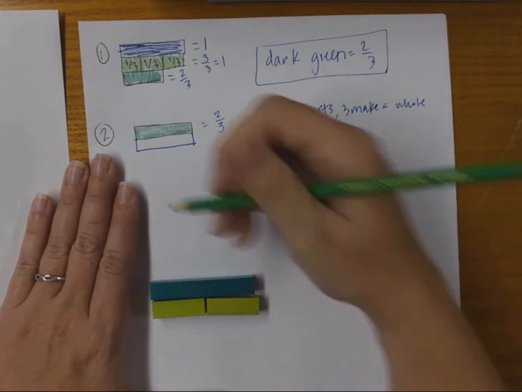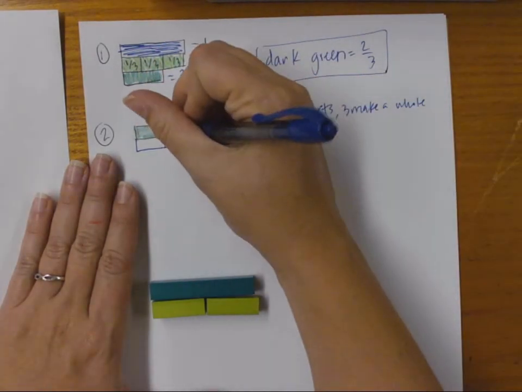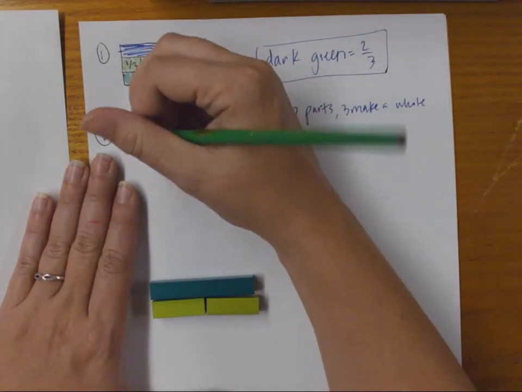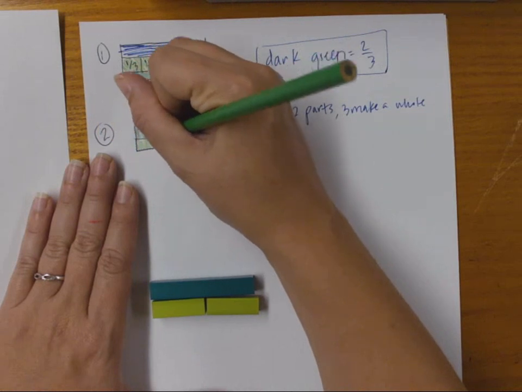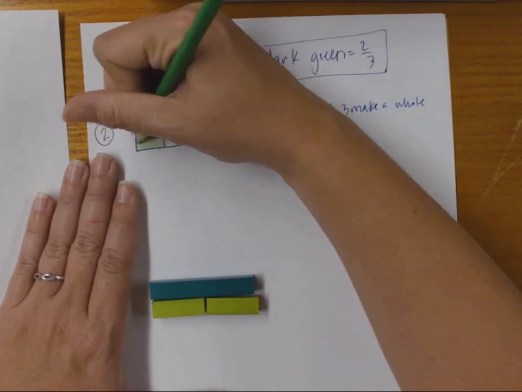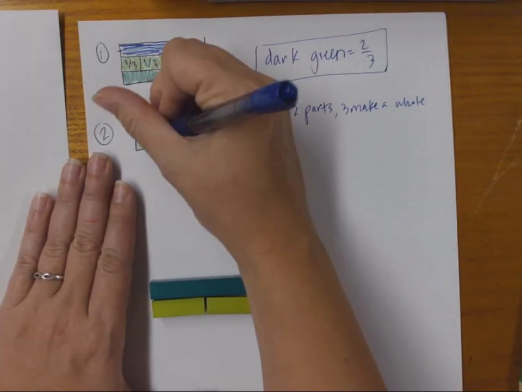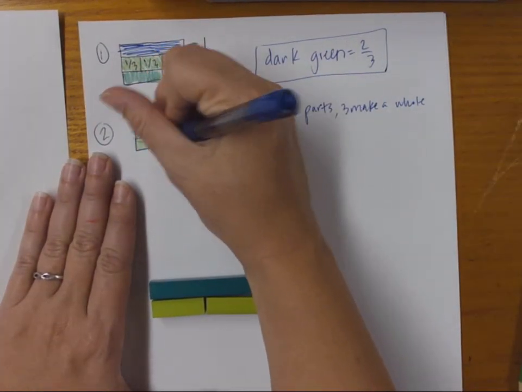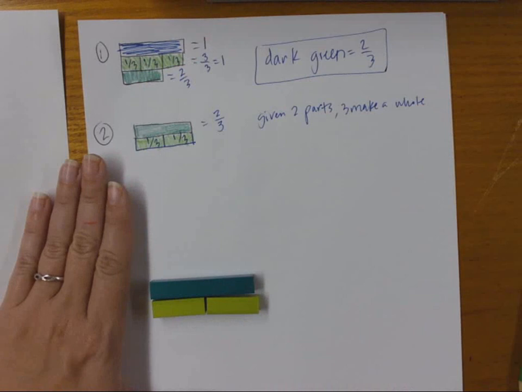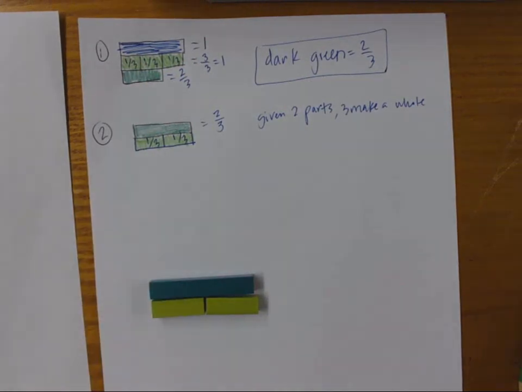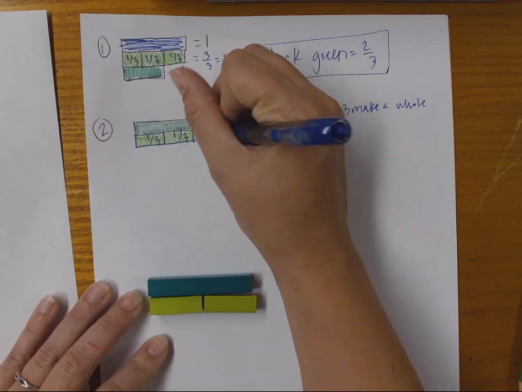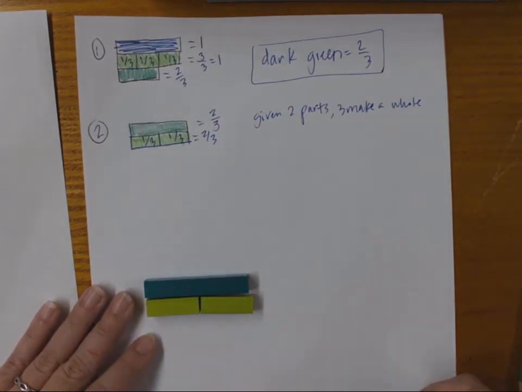Okay, so this is the light green. Sorry, 2 parts right there. So this is my light green Cuisenaire rod. The 2 parts, this part right here is 1/3. This part right here is 1/3 because 1/3 plus 1/3 equals 2/3. Okay, so this still is 2/3. Now let me draw a whole.